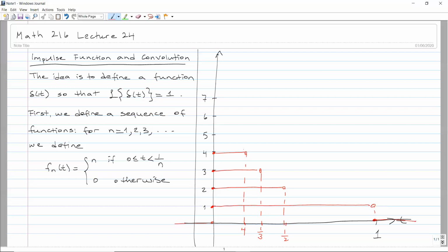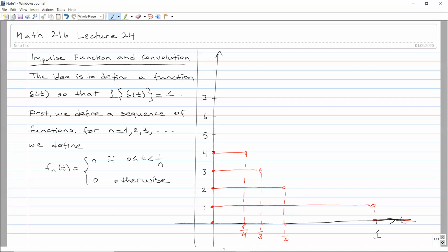So you see the maximum value of the function increases, but the interval on which the function takes this maximum value gets smaller and smaller.